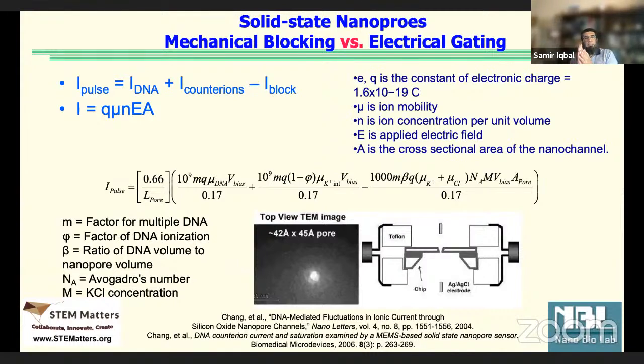Another is the movement of charge, ions, so ionic current. And then there is the contribution of the DNA molecule, which is carrying charge with it. All these three entities come together to give you the overall current of the pulse, and that's what is shown here as I_DNA, I_counter, and minus I_block, the blockage current.